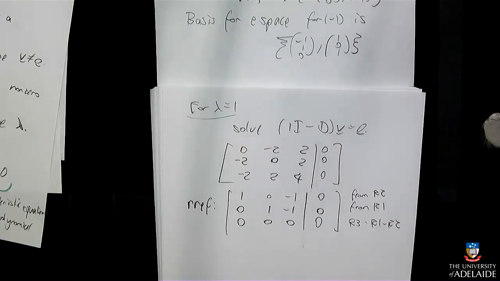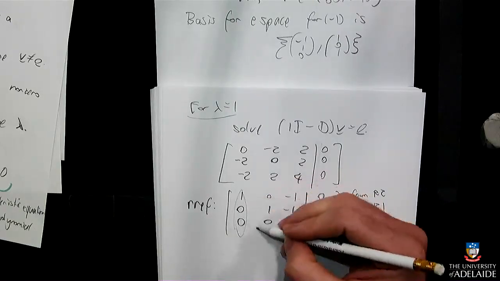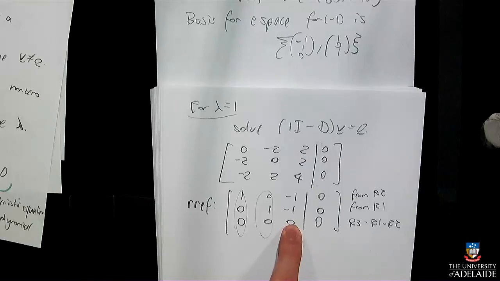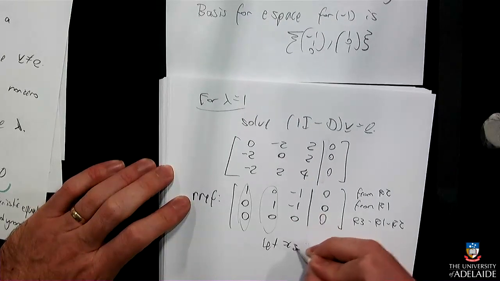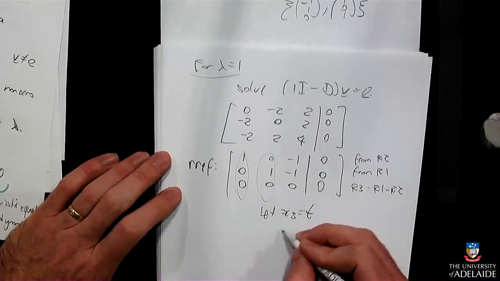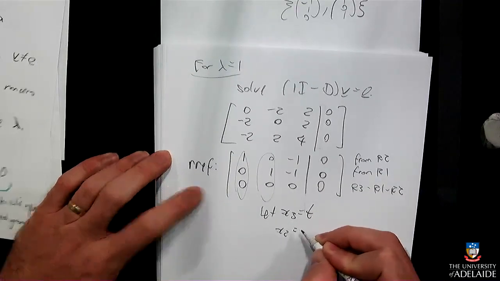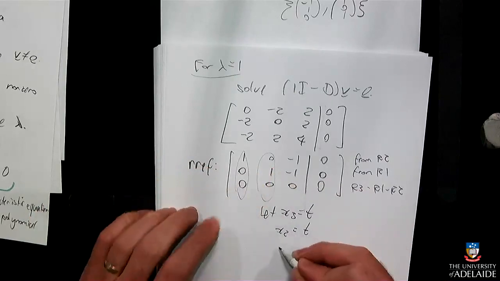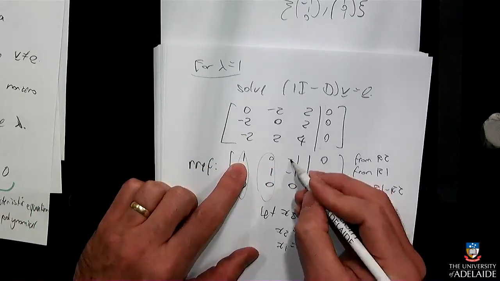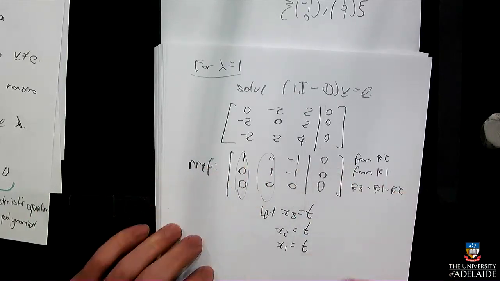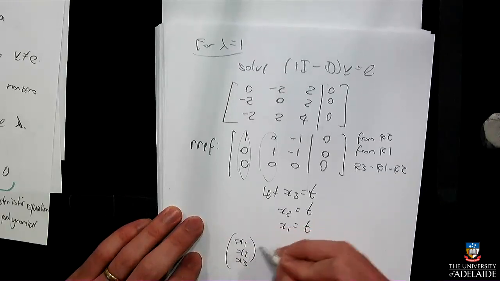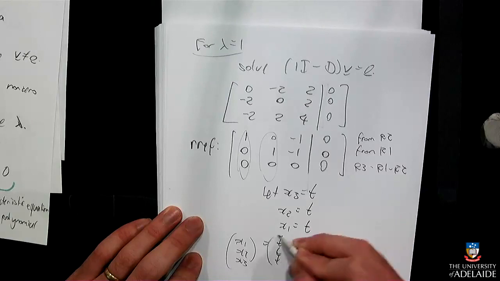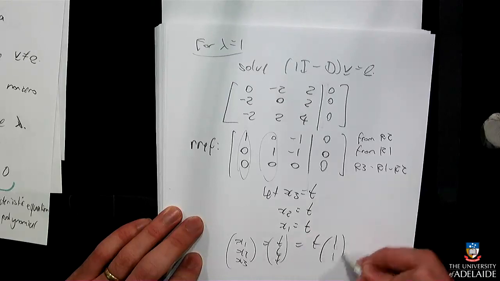Okay, so I see two pivot columns. There's one here and one here. And so I've only got one free variable. And so I will say let x3 be t. And so then x2 is also t. And x1 is, well, if that goes over there, it'll be a plus, also t. And so x1, x2, x3 is t, t, t, which is t times (1, 1, 1).